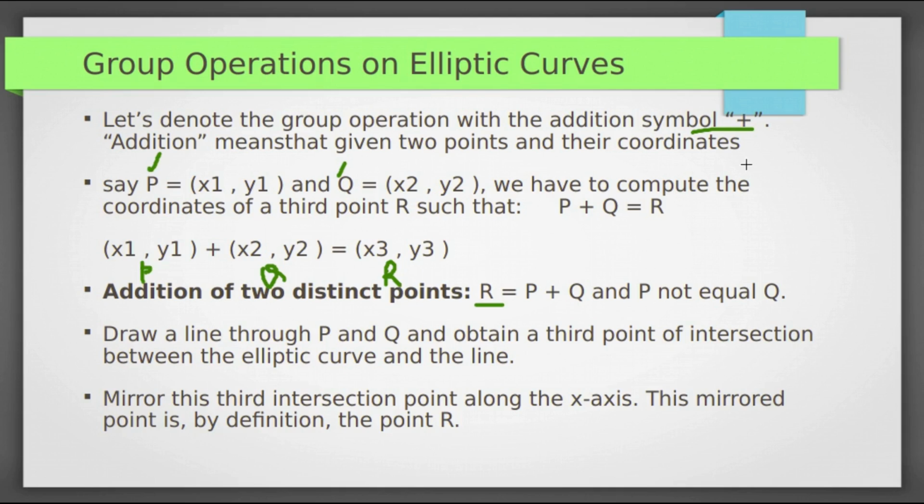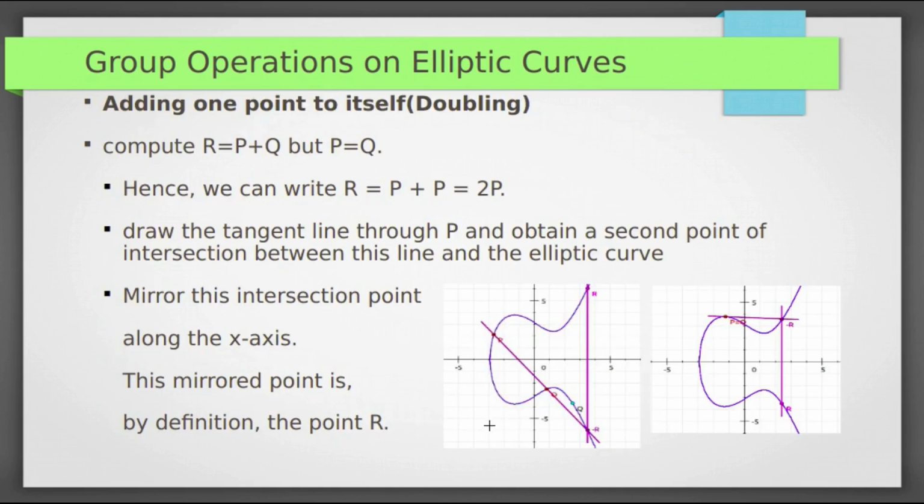To find R, draw a line through P and Q and obtain the point of intersection on the curve. Then obtain the mirror of this intersection point along the x-axis. This mirrored point is the result R. You can see this in this first image.